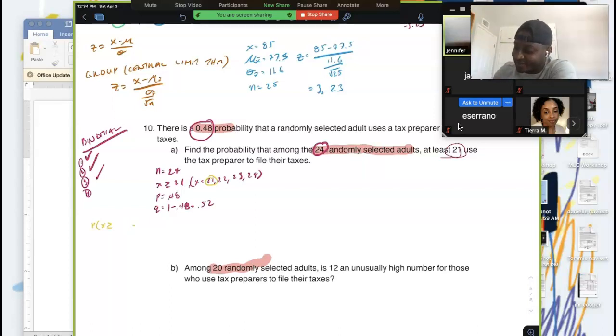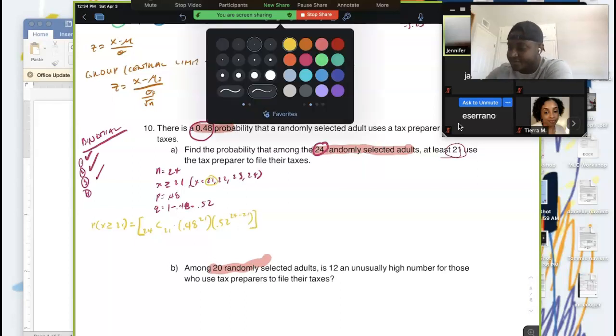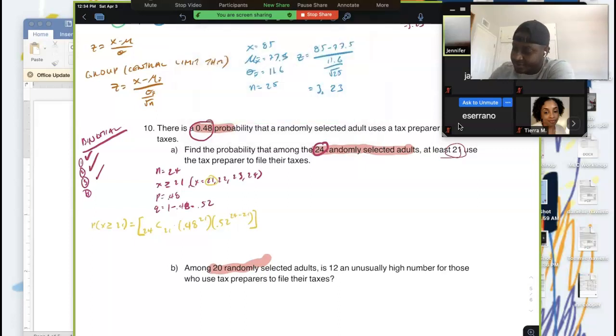So we need the probability that x is greater than or equal to 21. So do 21 first. So 24 choose 21 times 0.48 to the 21st, 0.52 to the 24 minus 21. And that's just for when x is equal to 21.